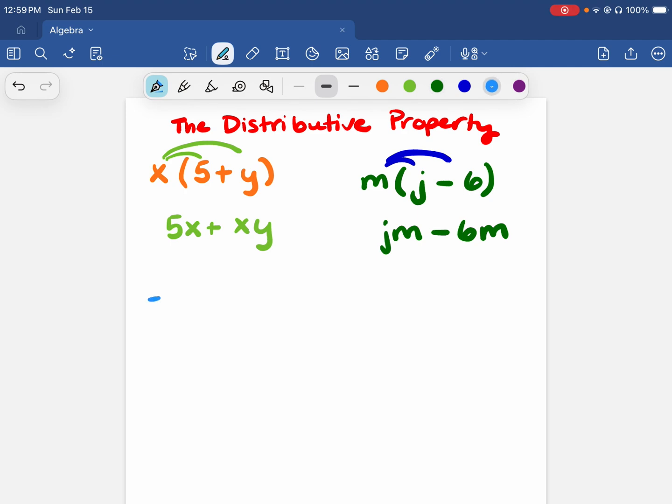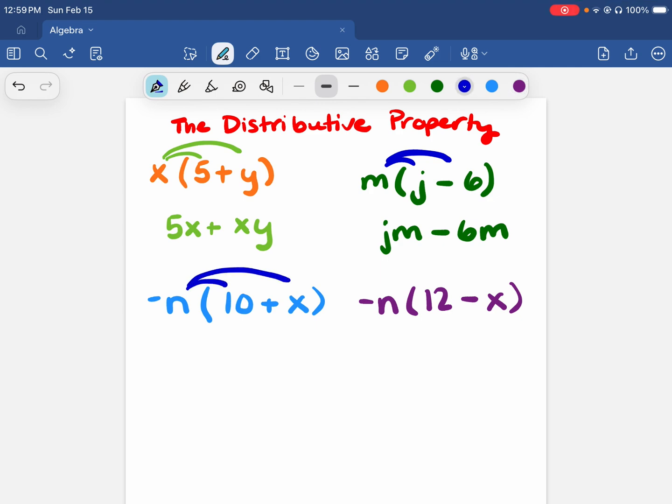If I have to distribute a negative number, negative n times 10 plus x, and then we'll also do negative n times 12 minus x. So for these two examples, when I distribute or share out or multiply my n to both the 10 and to the x, I have negative 10n.